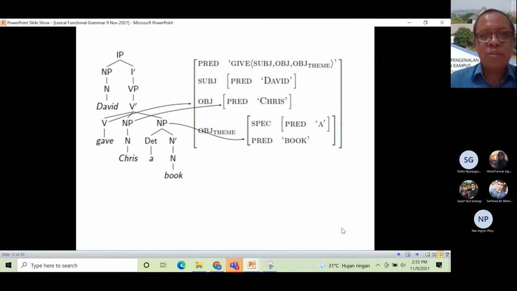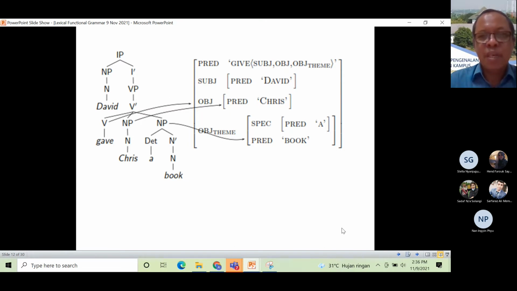The verb give needs two objects, right? Because Chris is an object, a book is also an object. Therefore, in the functional structure, the verb give here needs three arguments: subject, object, and object theta. Object theta is the object coming after the object, especially in double object construction.